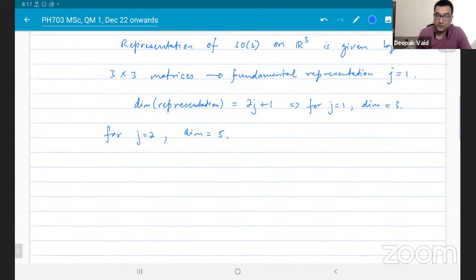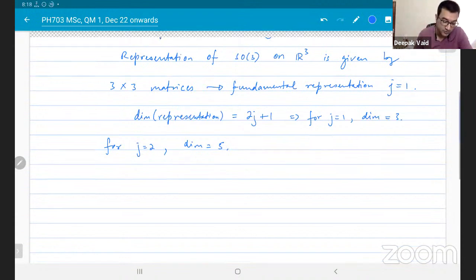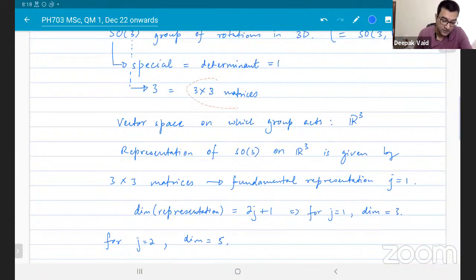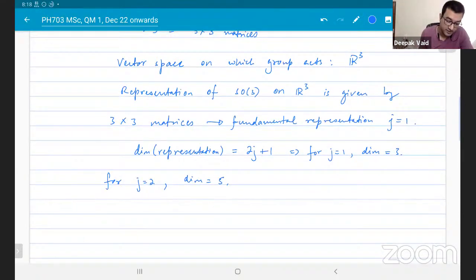Over time you understand why these terms make sense. So it's okay if you don't understand everything immediately. Don't worry about it. Just take the minimum information, which is that SO3 is the group given by 3 by 3 matrices. You can think of all of this as extra information.